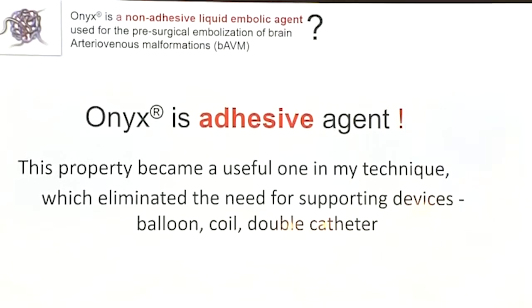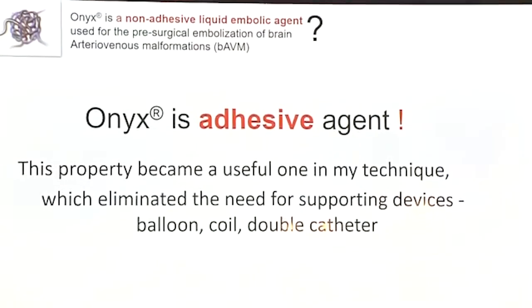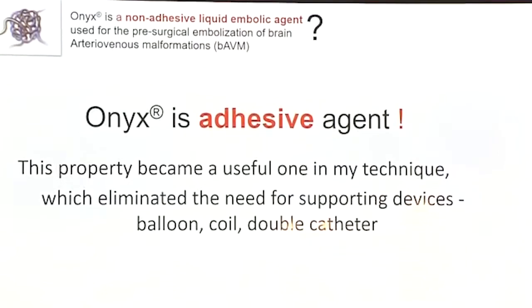Everyone knows the claim that Onyx is not an adhesive liquid embolic agent for the treatment of AVM. We know Onyx is an adhesive agent, and this property became useful in my technique, which eliminated the need for a supporting device, balloon, coil, and double catheter.